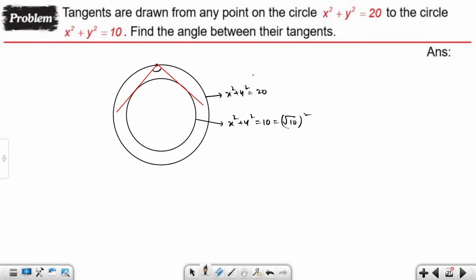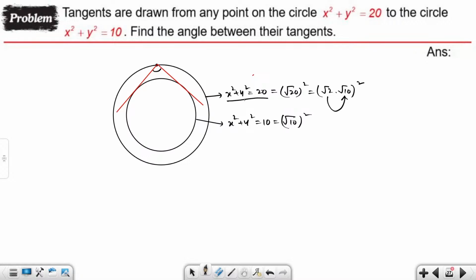Now here I don't need to do anything. Only by inspection you can say what this angle will be. The radius of the outer circle is basically root 20 whole square, which can also be written as root 2 into root 10 whole square. And the radius is nothing but root 2 times the radius of the given circle. Getting my point?